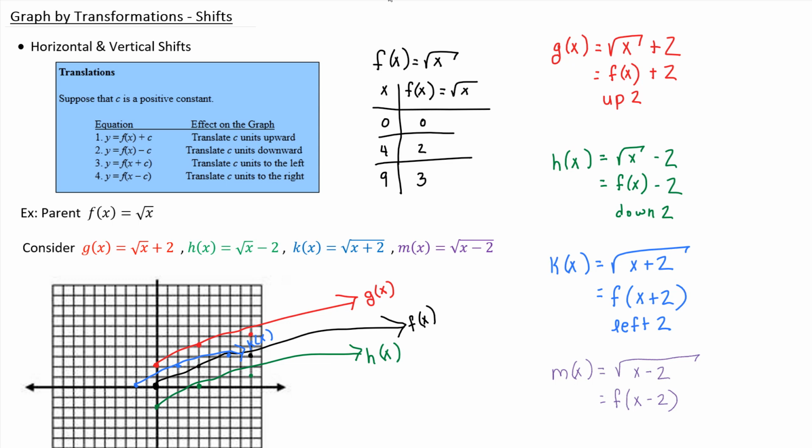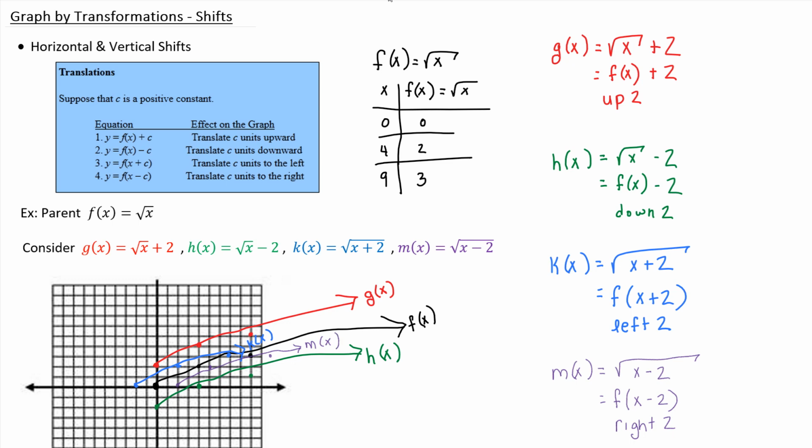You're subtracting 2 from the x's. That's a horizontal movement. Since it's subtraction, it's going to be right, and it's 2 units. So take your original function in black here and go to the right 2 units. Connect your points, and you have your horizontal shift to the right 2 units for m of x.